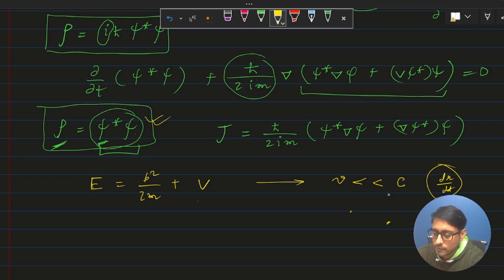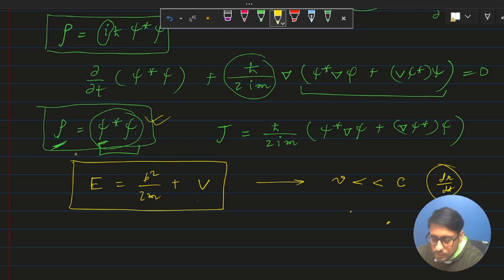Okay, it is very less, because the energy expression we have used is this. But you know that particles, or I should say electrons, even if moving inside an atom, can have very high velocity.